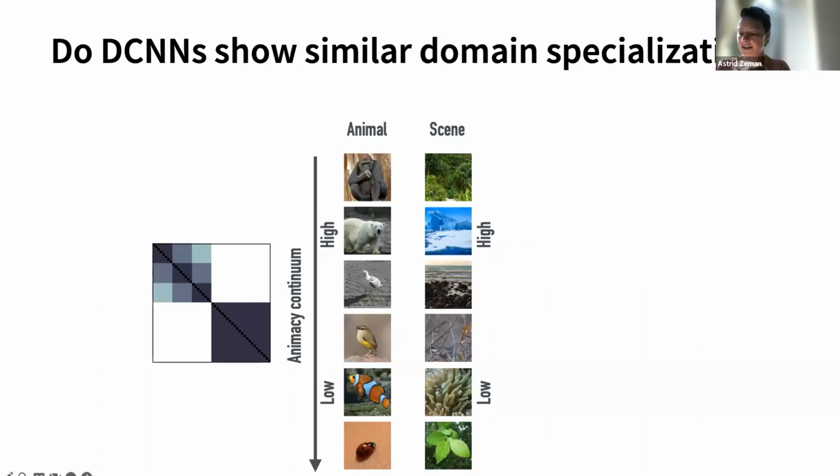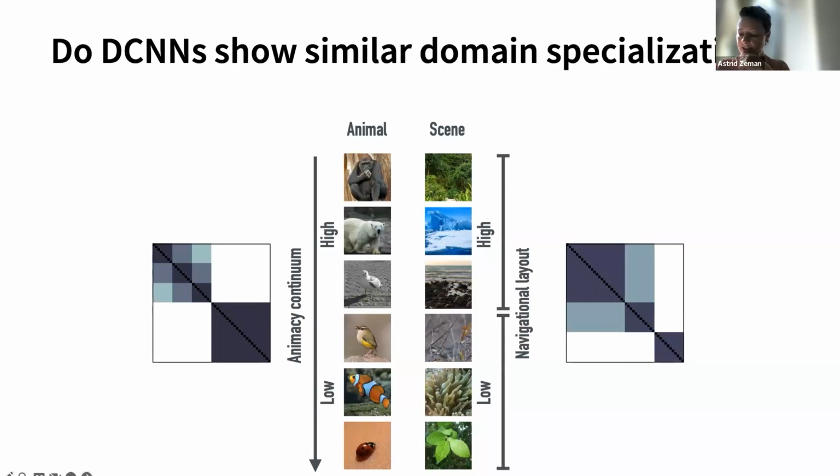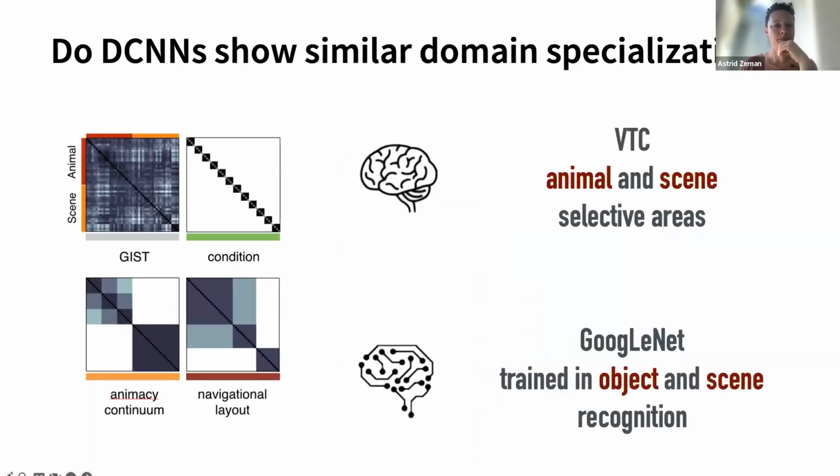And within the scene condition, we have 50% of the images characterized by navigational content, whereas the remaining images have low information content in that regard. All right, so we have more matrices that we can compare against in our brain data versus our models.